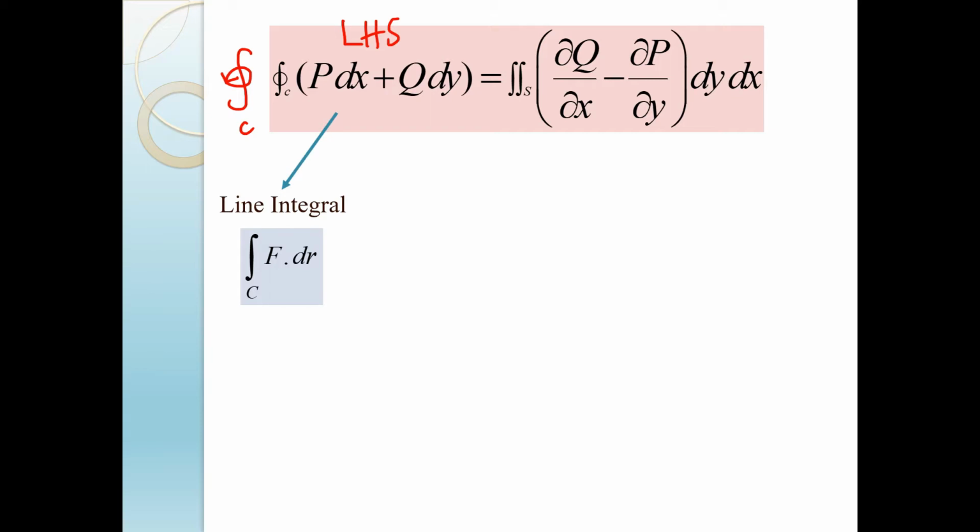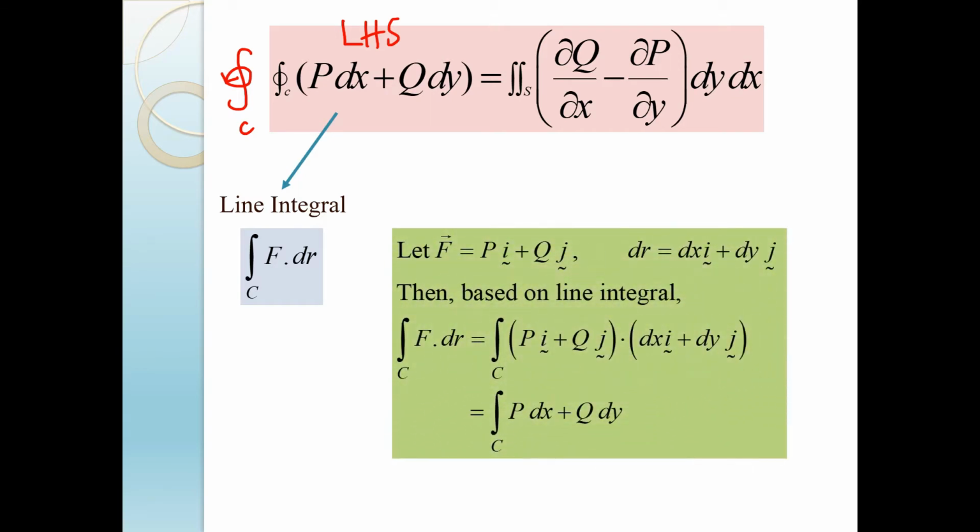Okay, but why does it suddenly change to P dx plus Q dy when we let the vector F be Pi plus Qj, and the dr, as you know, is dx i plus dy j. You can see here we only consider the i and j components, because the vector only occurs on the xy plane, the two-dimension plane.